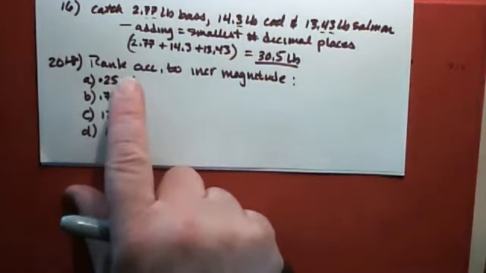And so 16 times 0.01 is 0.16 meters per second. So let's see, the smallest magnitude would be D.